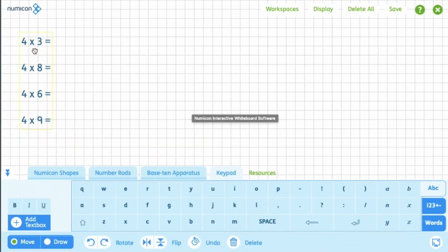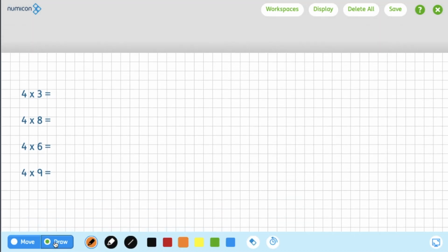I have some 4 times table problems. So I've got 4 times 3, 4 times 8, 4 times 6, and 4 times 9. And I look at them and I go, oh, I'm not really sure about my 4 times table. But then I think, well, I know it's just double my 2 times table. So all I have to do is think, what is 2 times 3?